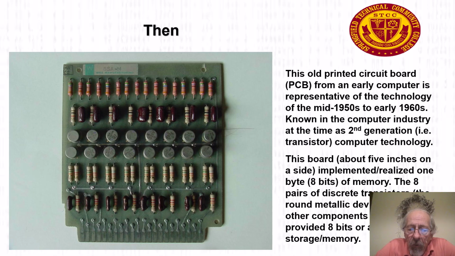This board, which is about 5 inches on a side, implemented or realized 1 byte, 8 bits of memory. The 8 pairs of discrete transistors, these are the round metallic devices, the silver round things in the middle of the board, and other components, the resistors and capacitors, provided 8 bits or a byte of storage or memory.